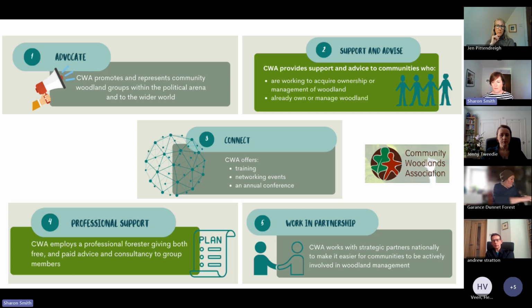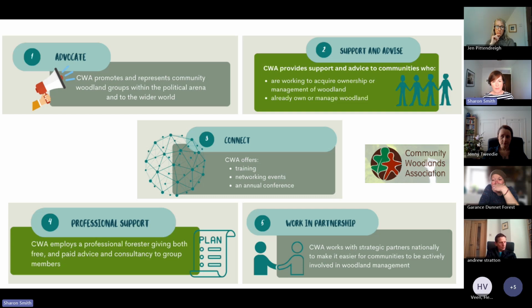We provide support and advice to communities who are looking to start up a community woodland group, or who have already started a community woodland group and are looking for ongoing support. We listen to our members' needs and then support with training sessions, such as this, exchange visits, mentoring programmes, and we've just recently had our annual conference and AGM.